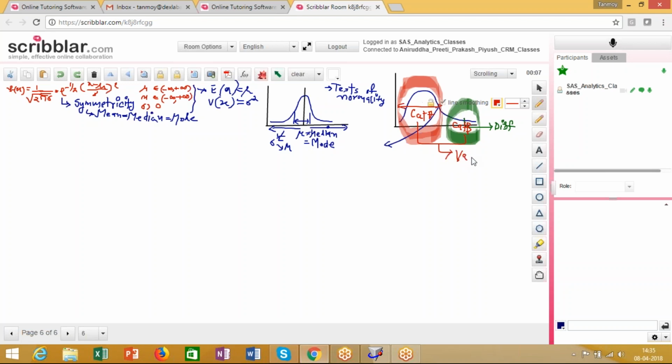So the one single variable has been created by punching in two different groups into one.